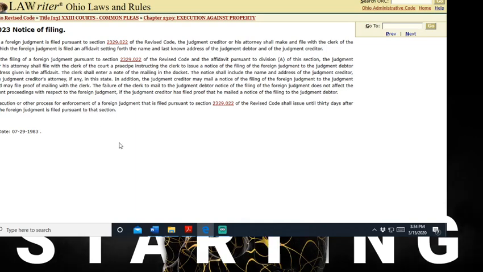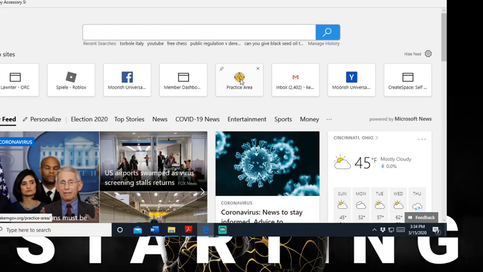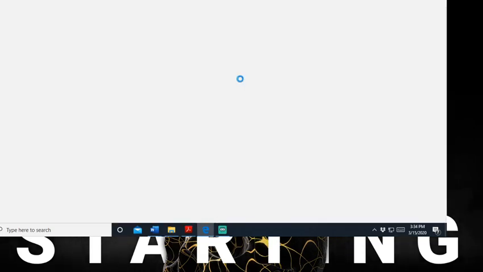So this is what you have to understand when you're dealing in contracts. This is where arbitration comes in and all of that. And this is where your court stuff and your court records come in. So let's do this. Just want to show you something.